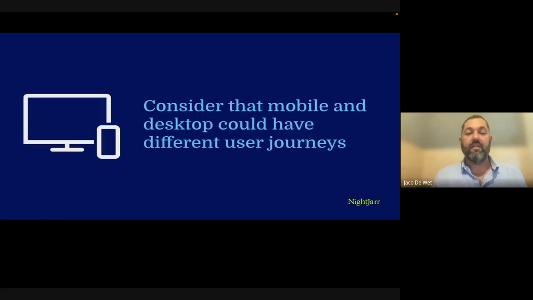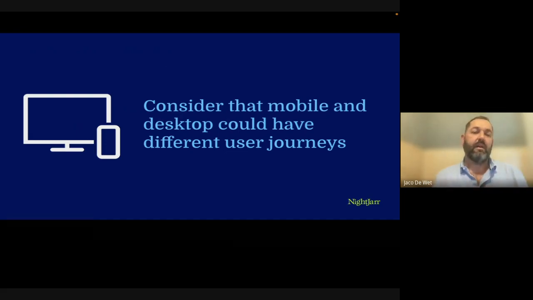And then the second thing is to consider that mobile and desktop have different user journeys as well. I think the important bit here is to understand the use case for when someone is accessing your website on mobile and when someone is accessing your website on desktop.